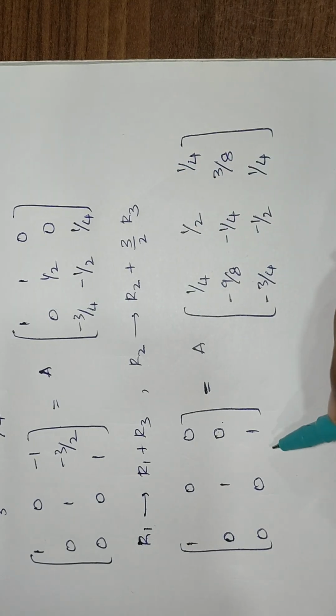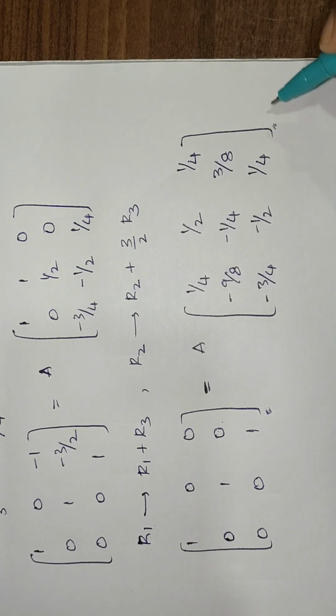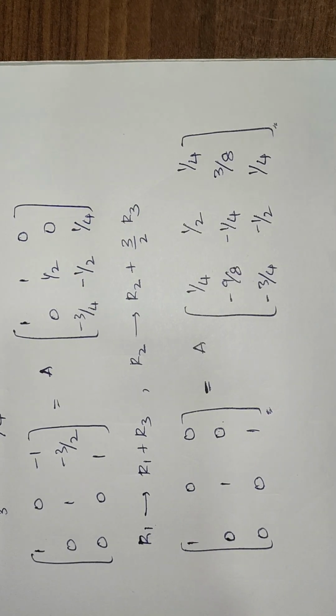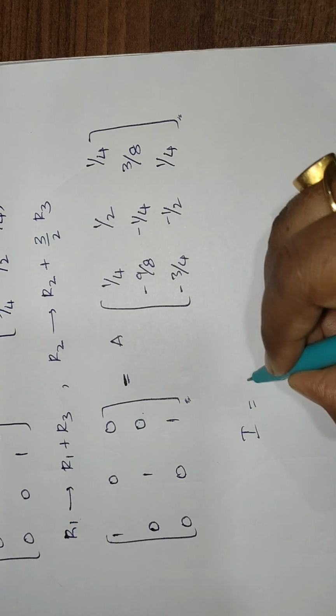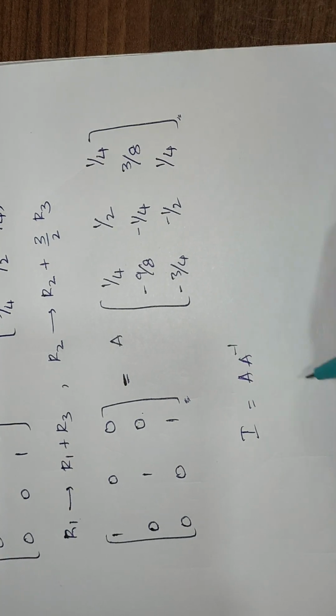Here we have reached the identity matrix. So this matrix is nothing but A inverse, because I is equal to A into A inverse.